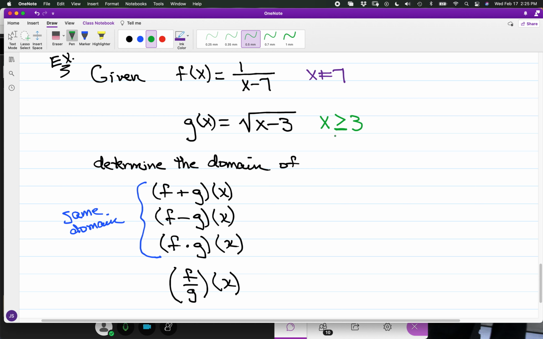Now for the domain of the sum, difference, and product functions, their domain will be defined by combining the restrictions of f of x and g of x. So we have a bit of a twofold situation here. To keep f of x defined, x cannot be 7.